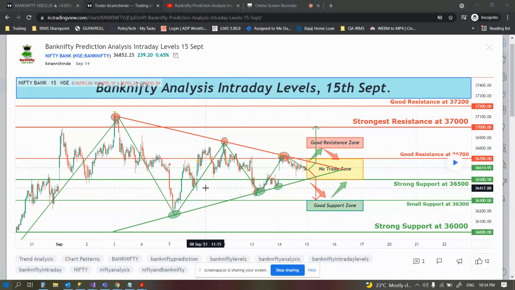You can see I had posted on TradingView this particular graph, a symmetrical triangle pattern. What I had suggested is that in a triangle pattern like this, there are chances of breaking either way.